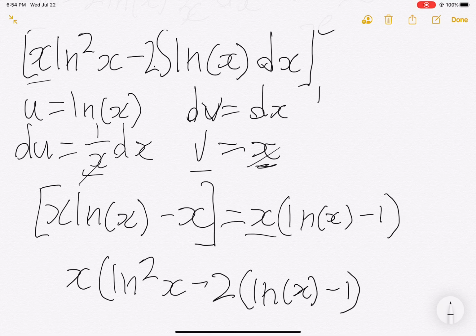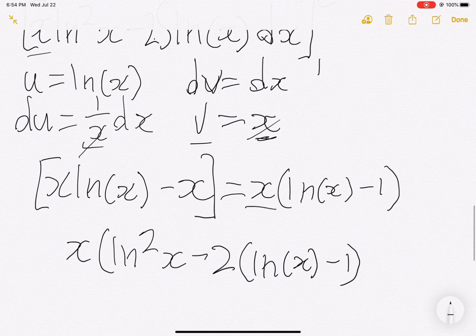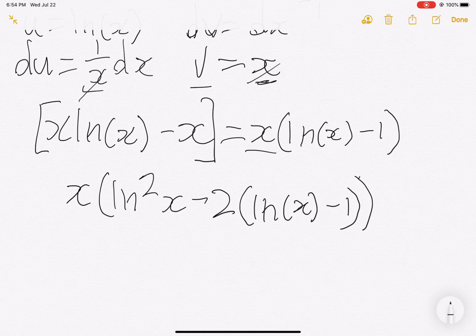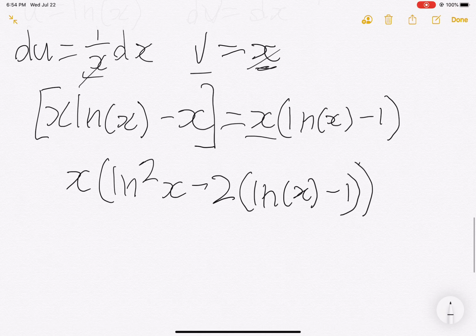We could always take the derivative of this and see if this is actually correct. Should we do that? It's kind of a hassle. But you know what? We don't want to take any shortcuts, so let's do it. So we'll distribute the x throughout, and the minus 2.